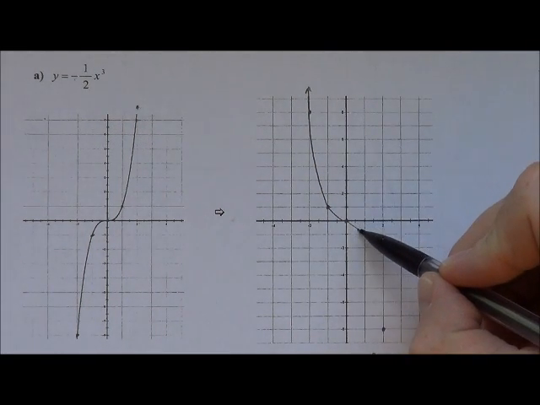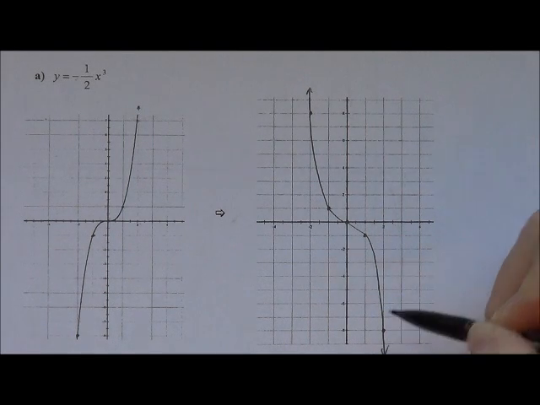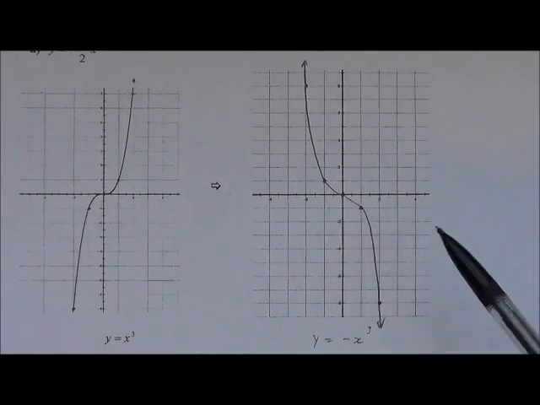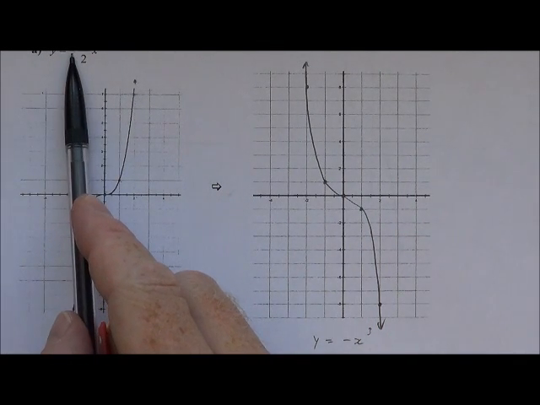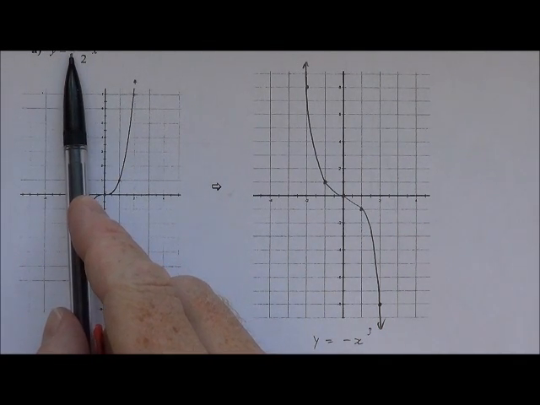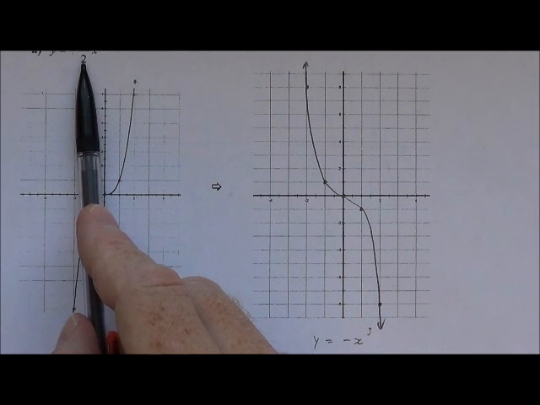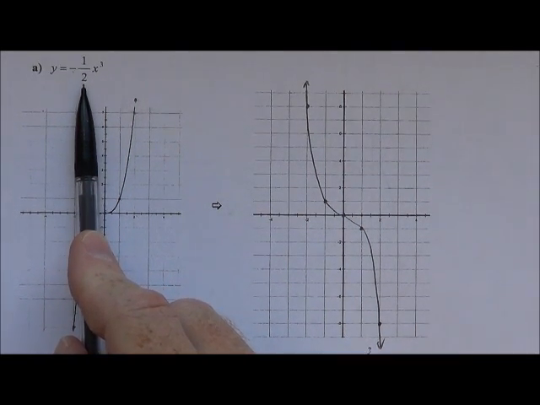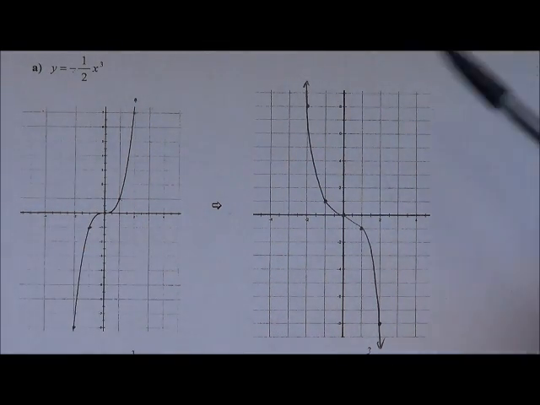And here's just a quick sketch to show what happens with the negative. So all the y values get multiplied by -1. So then the 1/2, that's a vertical compression by 1/2. And so then all we have to do is take all the y values and divide all the y values by 2 to get the final graph.